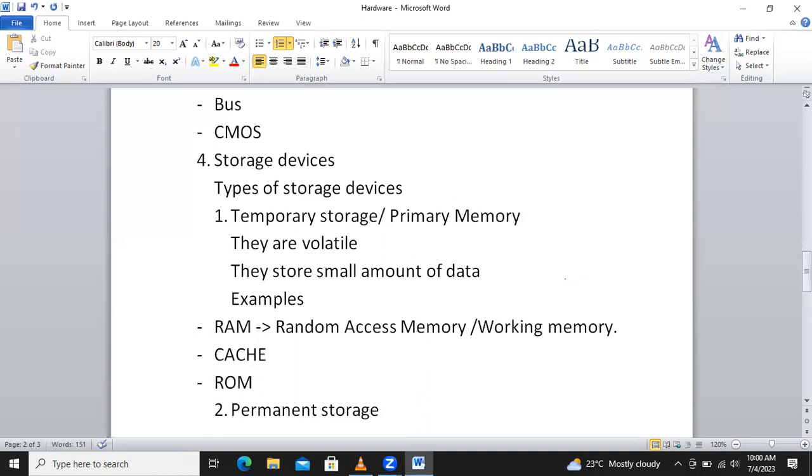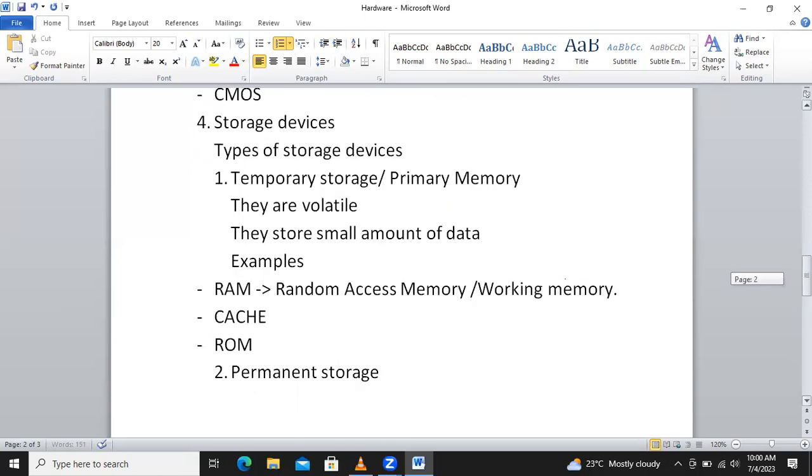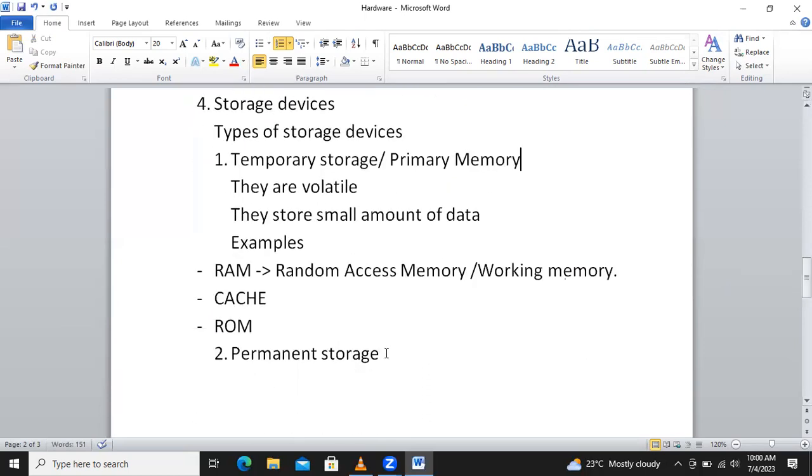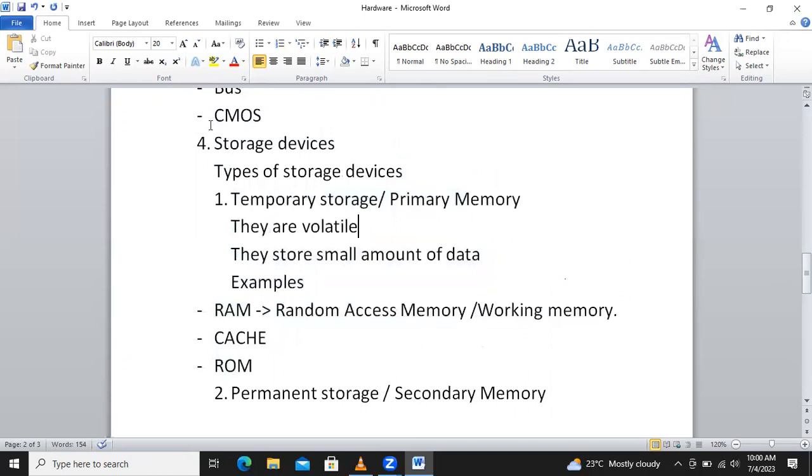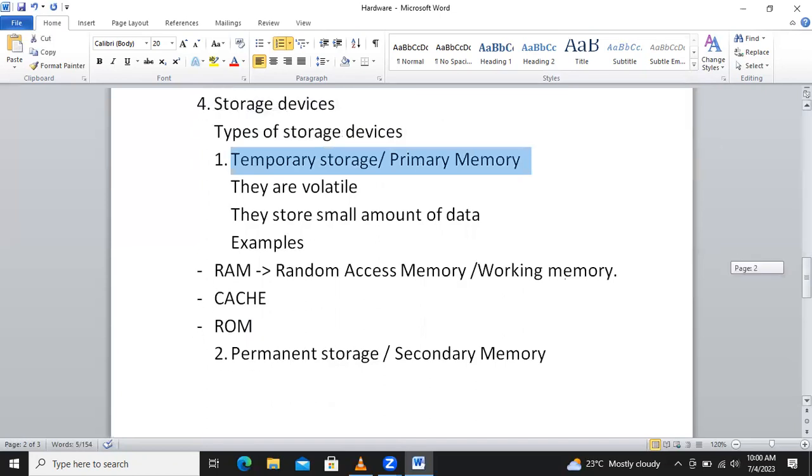Then the other one, permanent storage or secondary memory. So we have all this under the temporary memory or the primary memory.